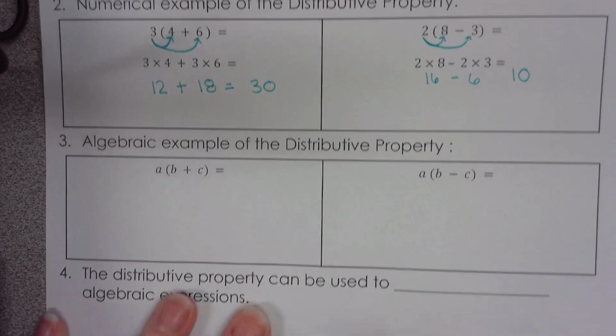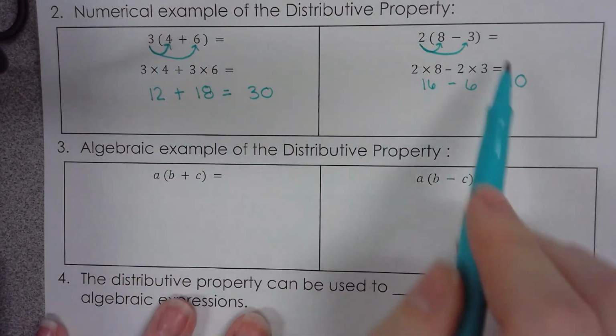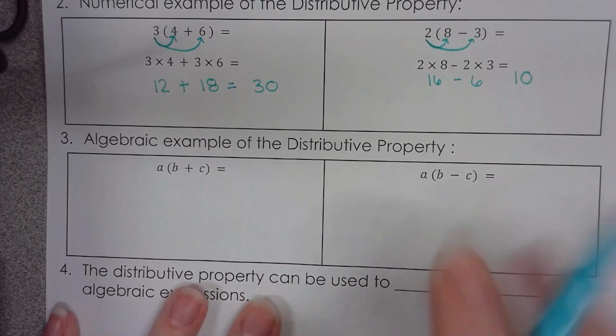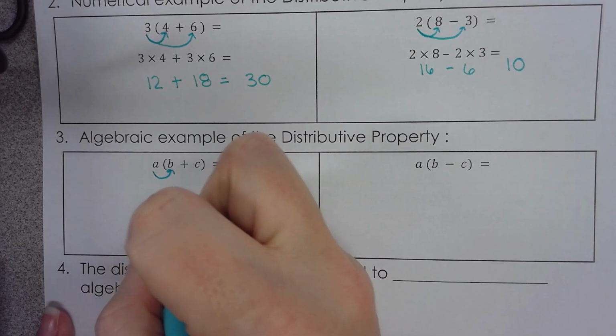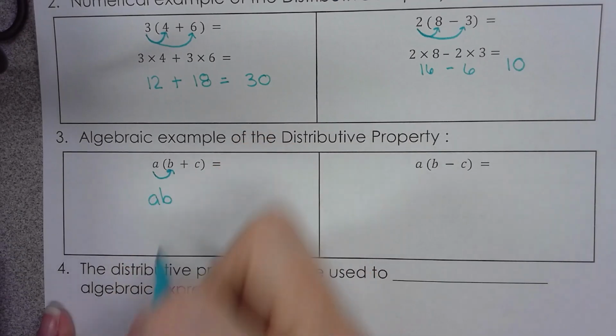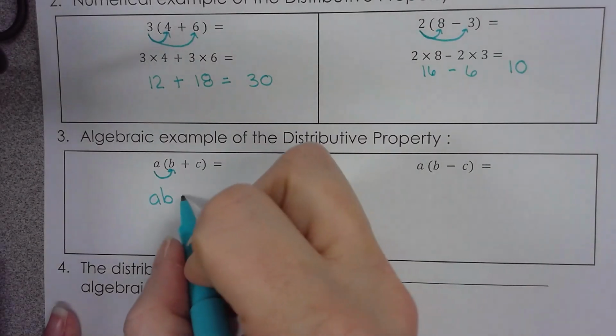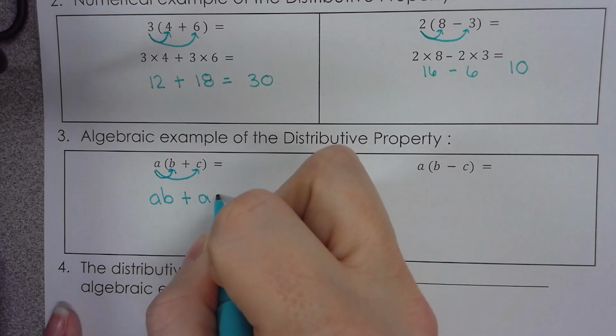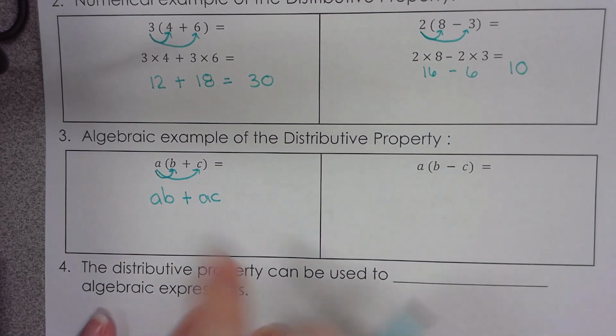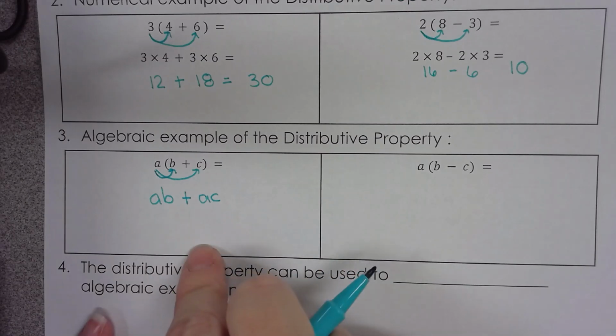So, just like I did up here, I like to draw arrows, so I'm going to draw arrows here as well. So, A times B plus A times C. They're not like terms, so I cannot combine them.